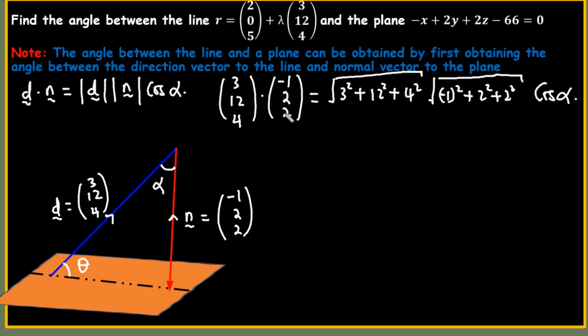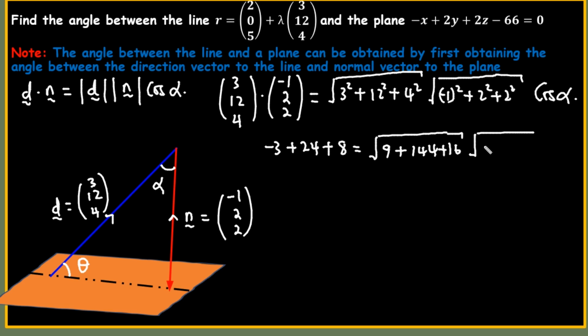So 3 times -1, that is -3, plus 12 times 2, that is 24, plus 4 times 2, that is 8. Everything is equal to the square root of 3 squared, this is 9, plus 144, plus 16, times the square root of -1 squared, that is 1, plus 4, plus 4, then cos of angle alpha.